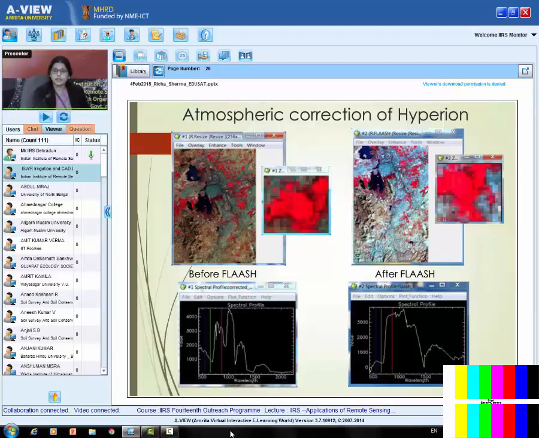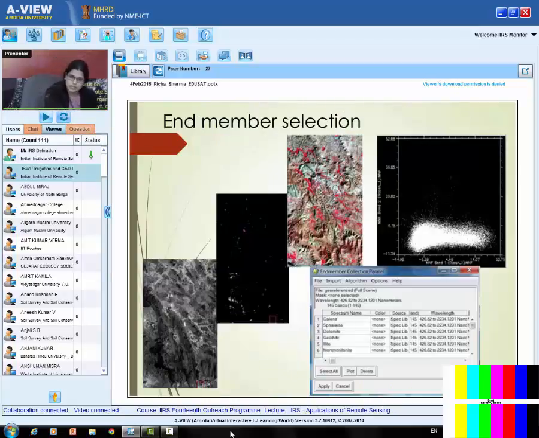Whereas when we have applied the atmospheric correction, the same spectrum for the same pixel has been corrected, and now it is the reflectance spectrum of vegetation. In vegetation, there will be a dip in the visible, a peak in the infrared region, and after that a dip around 1400. So we are able to see exactly the same spectrum of vegetation after using the atmospheric correction algorithm.